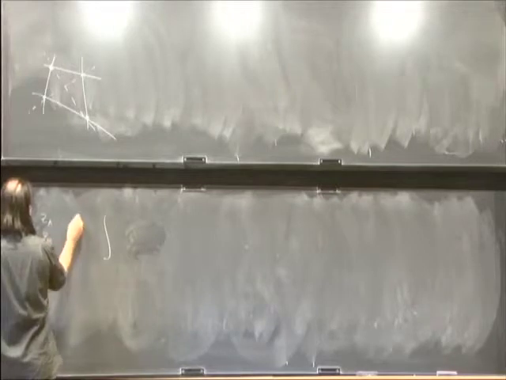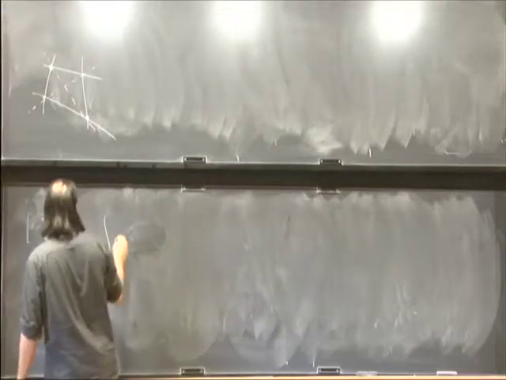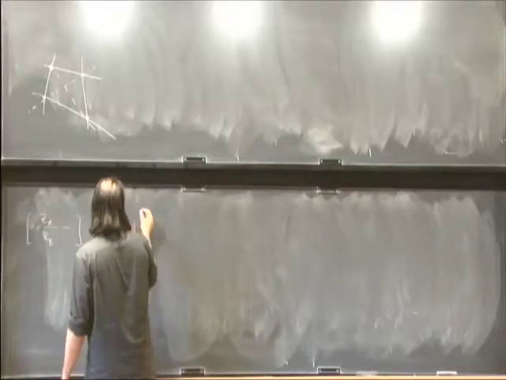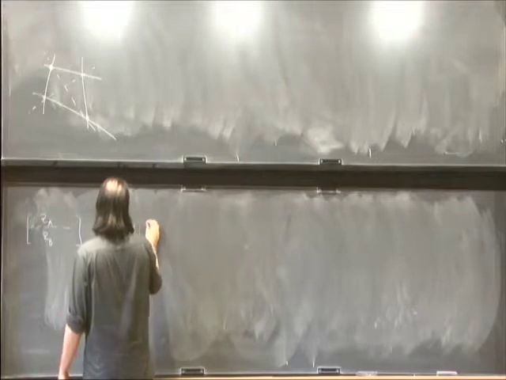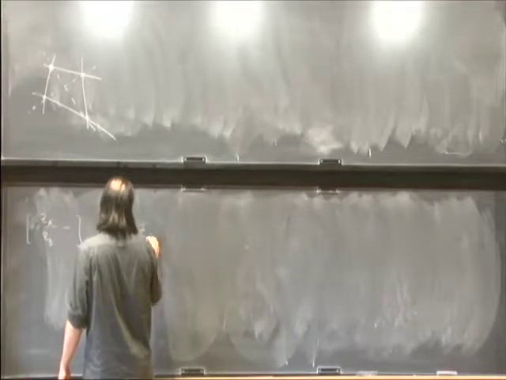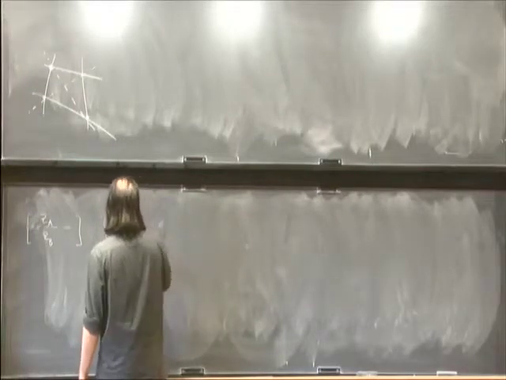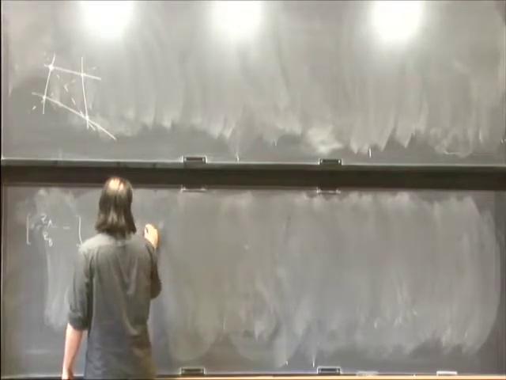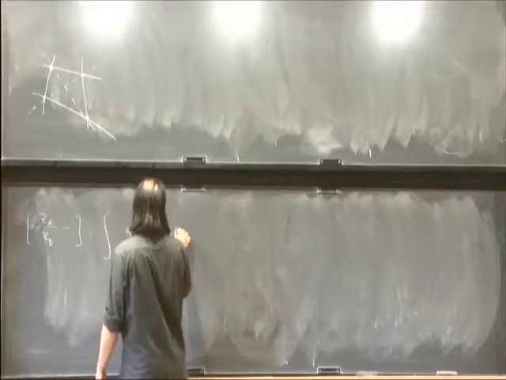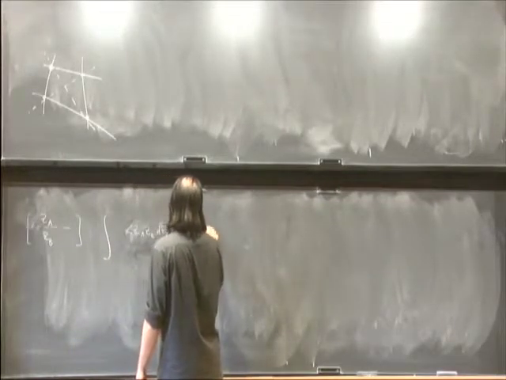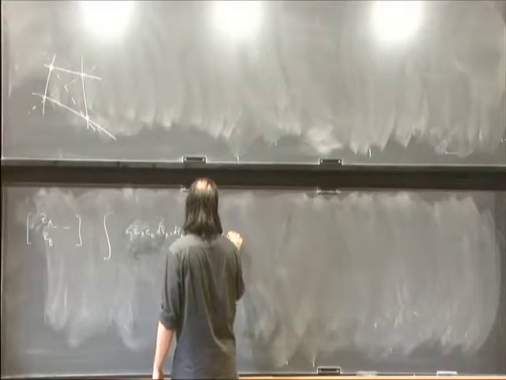But if I just write it in this way, it's literally ZA, ZB, DZA wedge DZA, ZA, ZB, DZB wedge DZB.